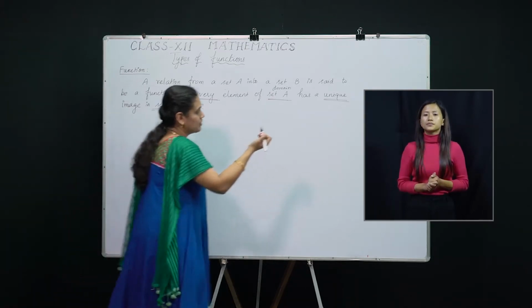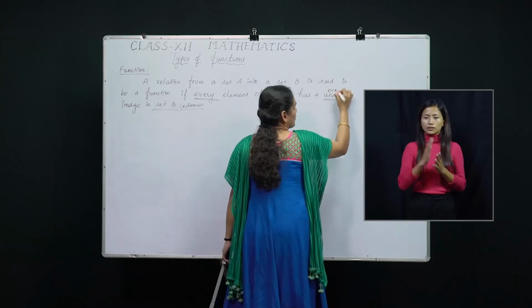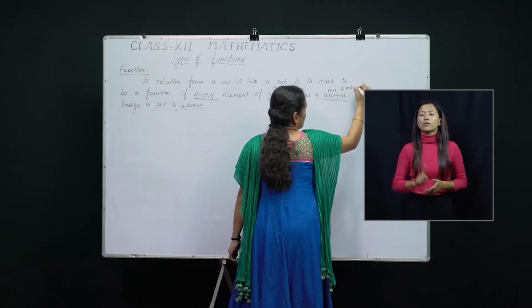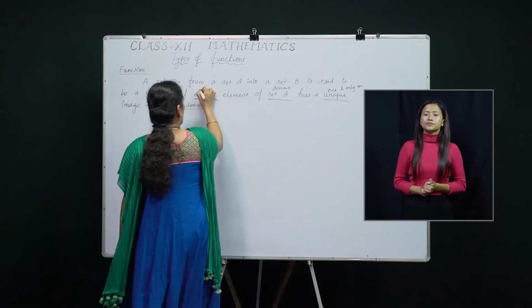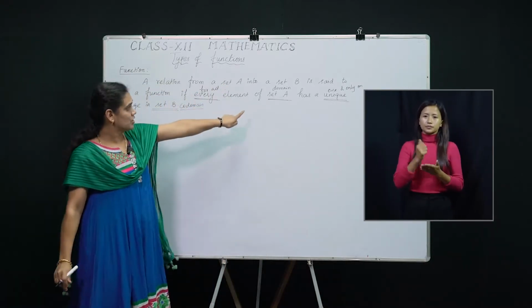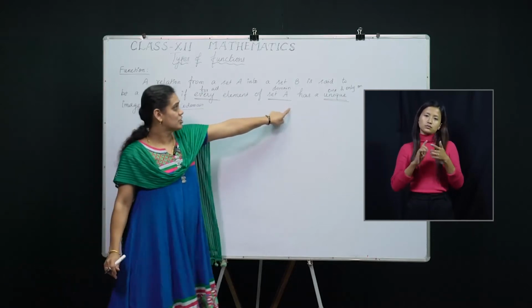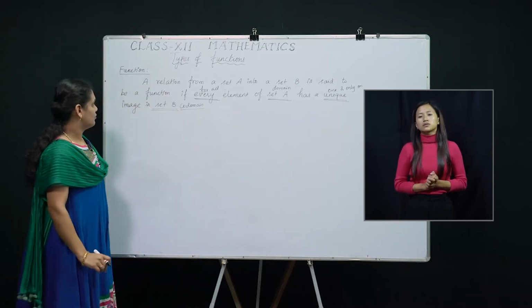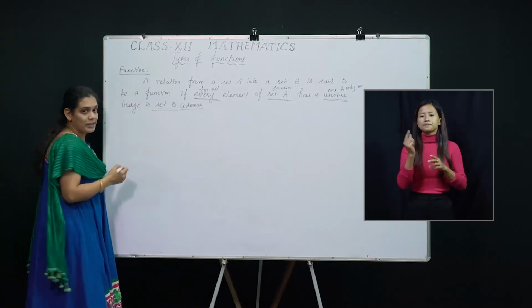Unique, you know the meaning, that is one and only one. That is for all elements. So all the elements should have an image, and there is only one image in set B. That is a function. Example, I will show you by an arrow diagram.